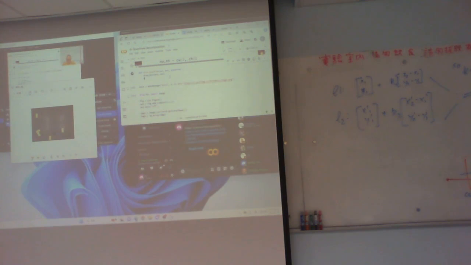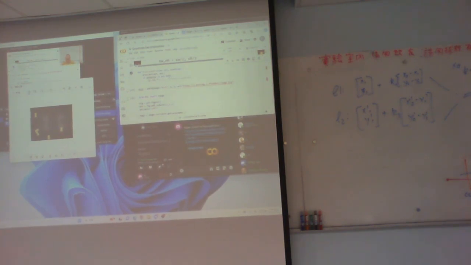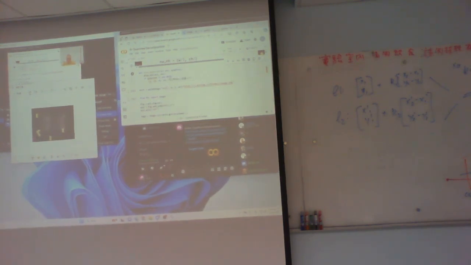And then, if quadtree is not none, CY, CX, CH, CW, children is equal to the quadtree.